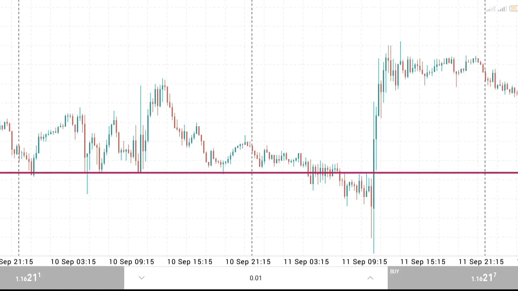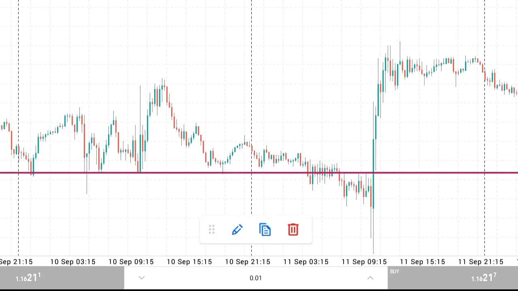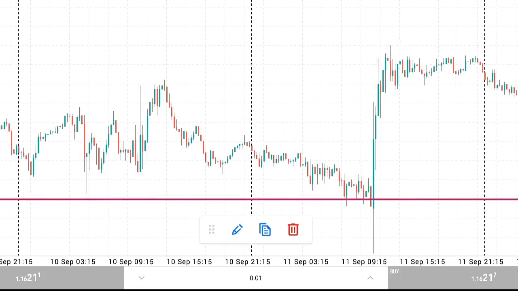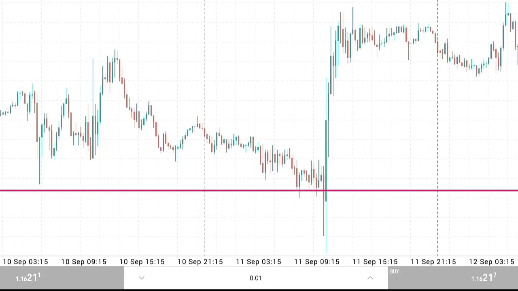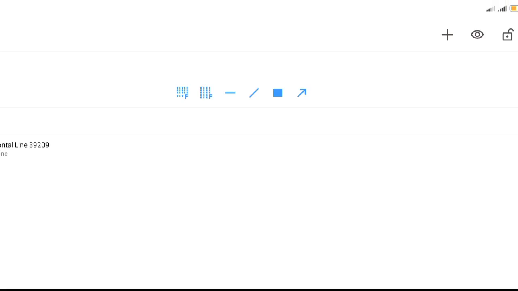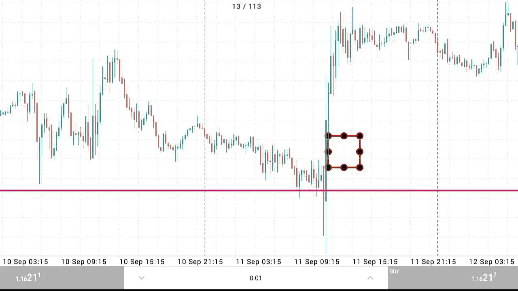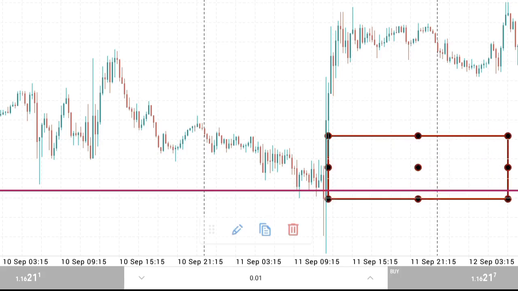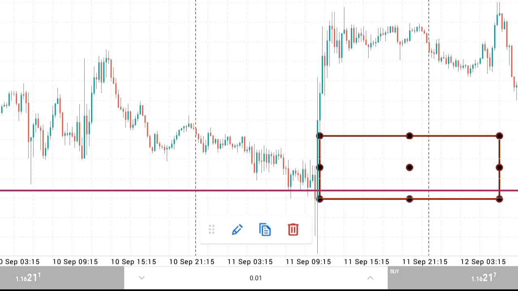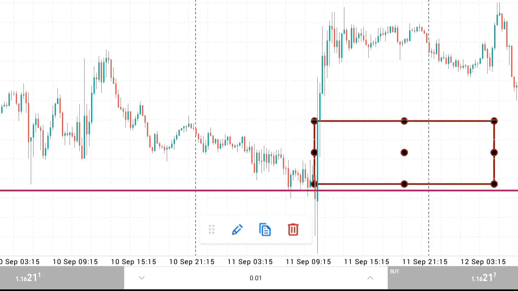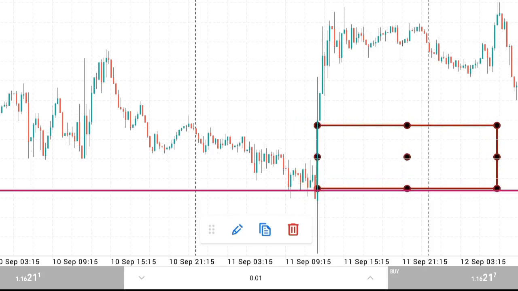Now look at this example here. Now this is an area of support. These are areas of support. And then look at area of demand. This is our area of demand.